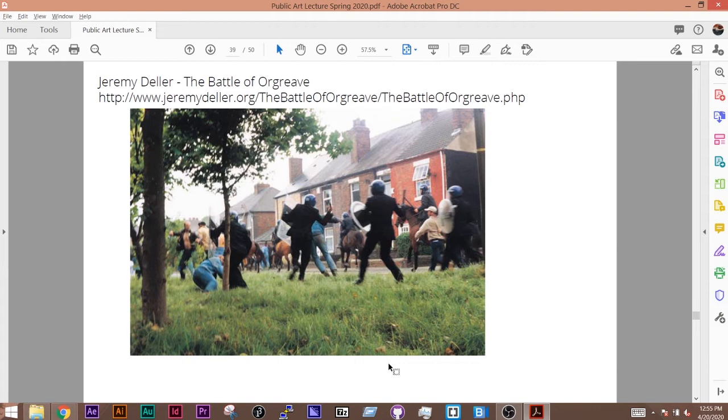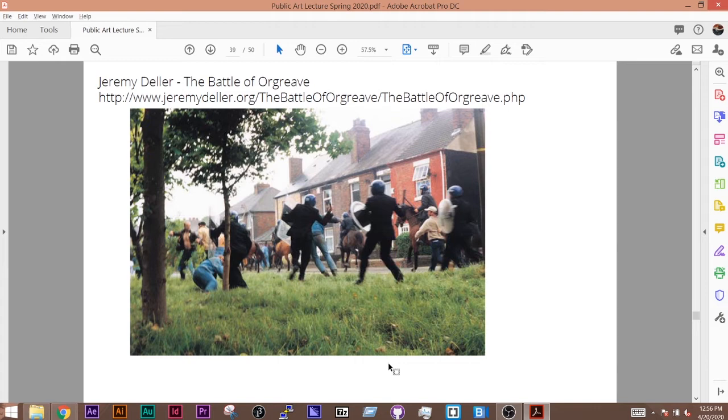And so what Jeremy Deller did is he was looking at the idea of reenactments, this sort of trope of this way of reenacting history, right? Civil War reenactments, American Revolution reenactments, and thinking about how we could use that as a way to restore peace or heal the people who lived in this particular town.